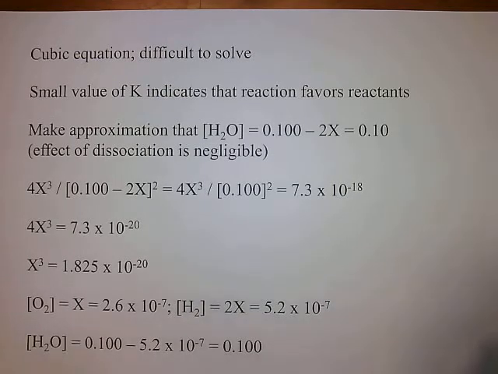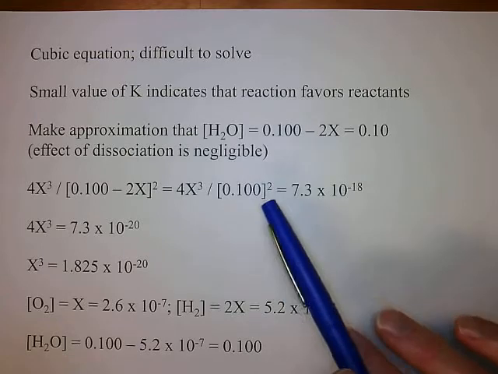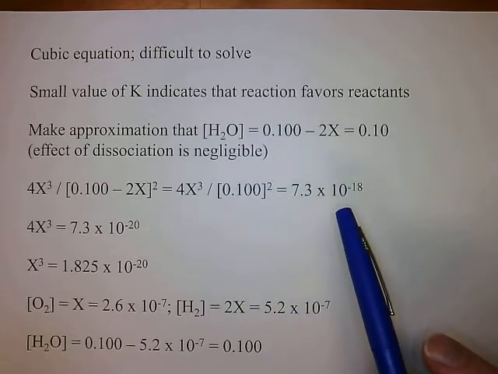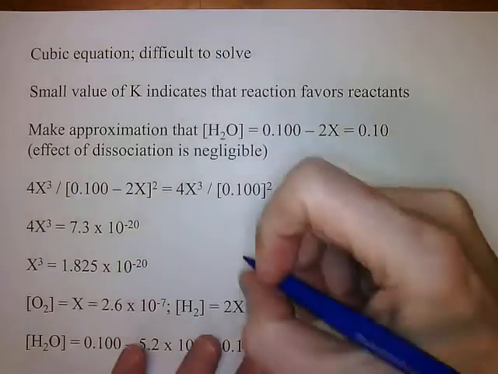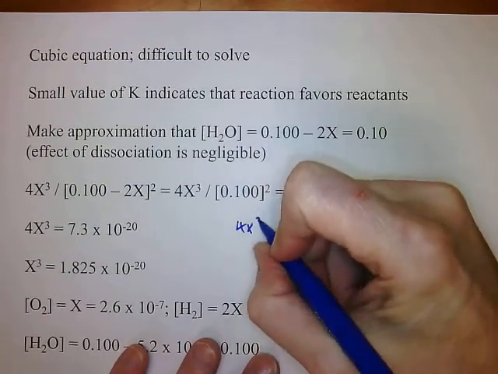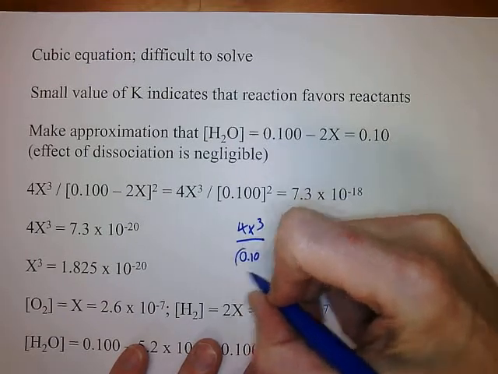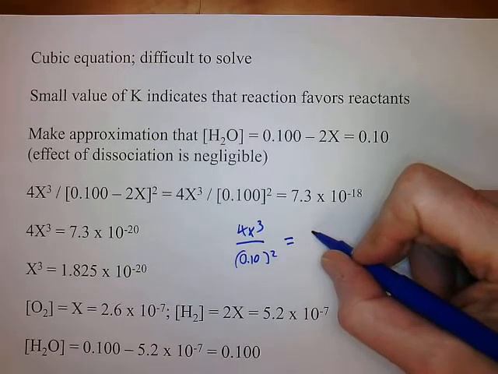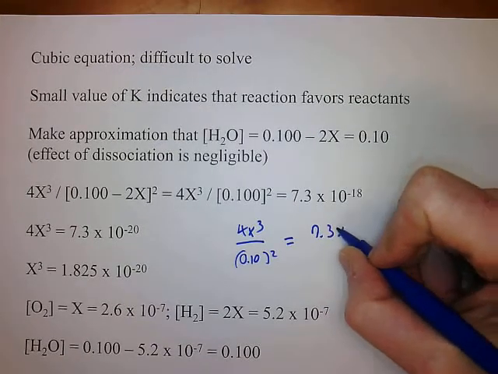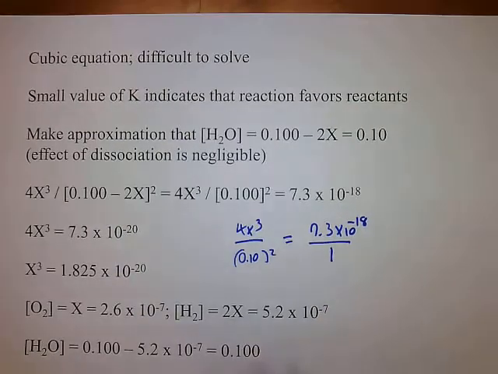Now we have something that's really easy to solve. So we would cross multiply. 4x cubed over 0.10 squared is equal to 7.3 times 10 to the minus 18th over 1.